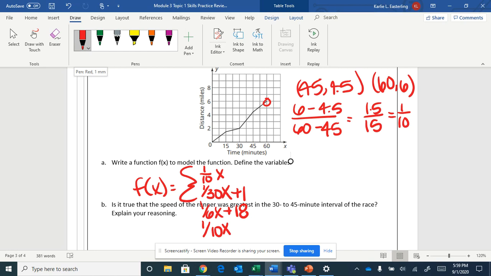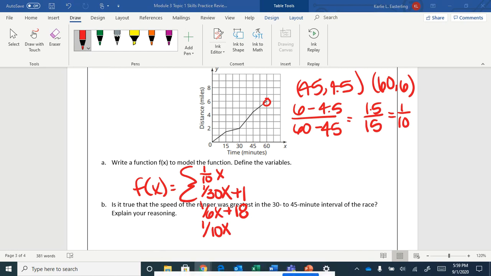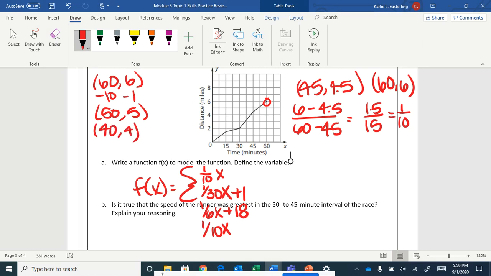Remember, we've got to find our y-intercept now. So we're going to look at some points, and for this one, I think it's going to be best to use that 1/10 and go from 60. That'll probably be the easiest math that we can do. So we'll subtract 10 and subtract 1, giving us 50 and 5, 40 and 4, 30 and 3.